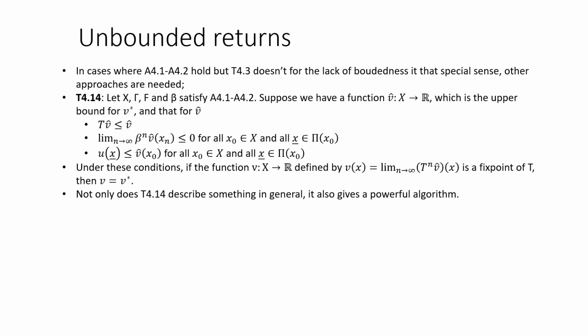So we will find v as the appropriate solution to the functional equation. So as a last example for this lecture, let's have an exercise in which I can show you how to use this very powerful algorithm given by Theorem 4.14.